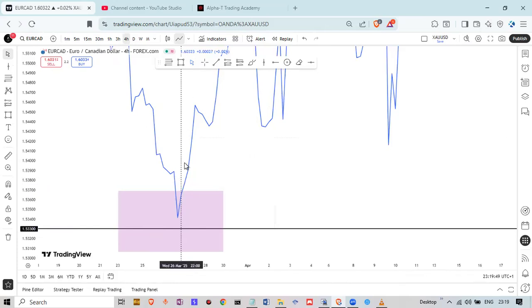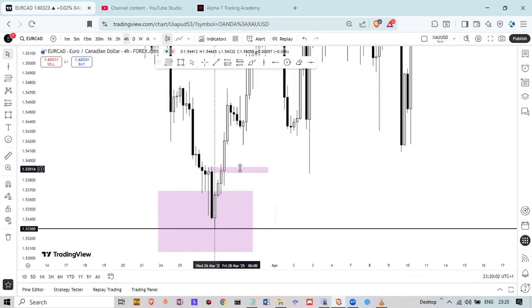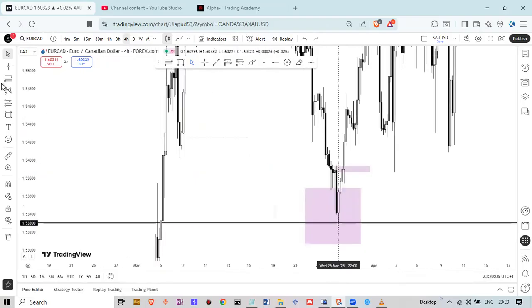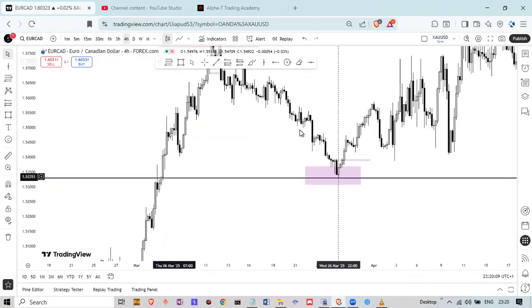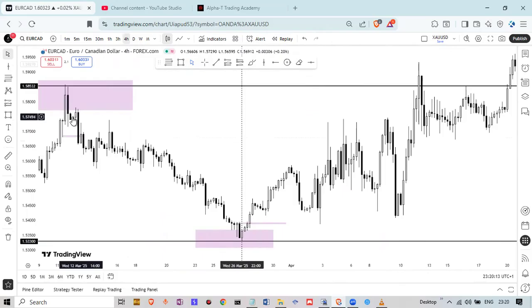Then you want to watch price break above it. So you can see how that price broke above it. And when price broke above it, that is a signal for you to what? To exit your trade. So imagine you entered from this level down here.